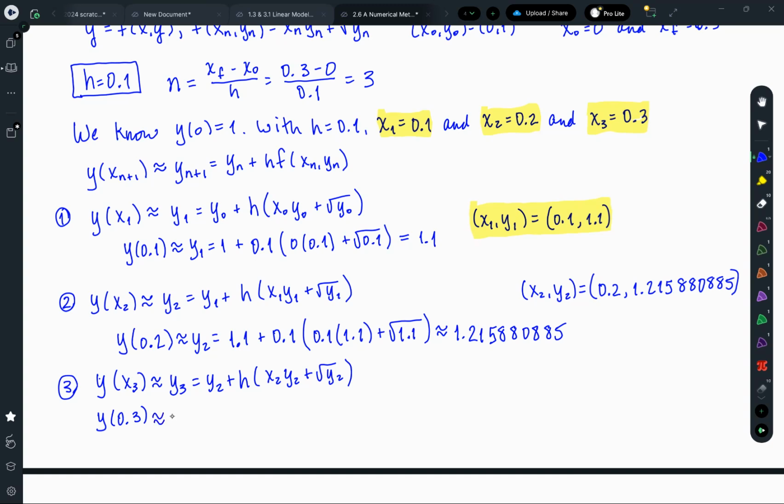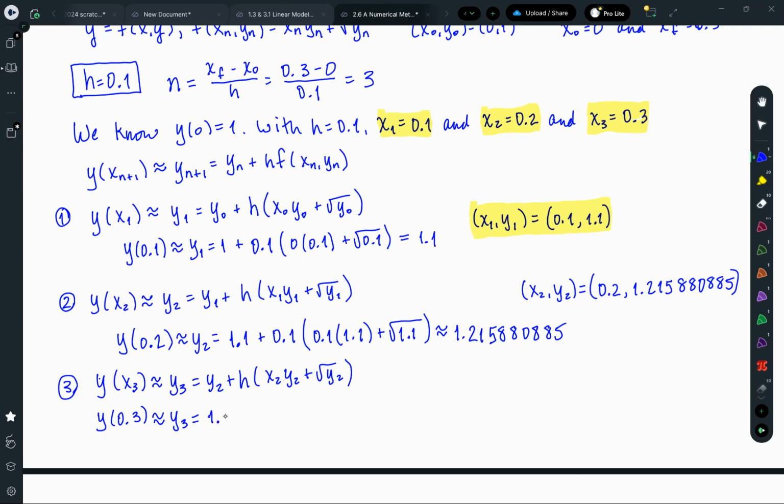That's approximately y3, which is equal to y2 is this 1.215880885. I'm going to write it without all the decimals, but knowing that I'm going to plug in all the decimals, okay?